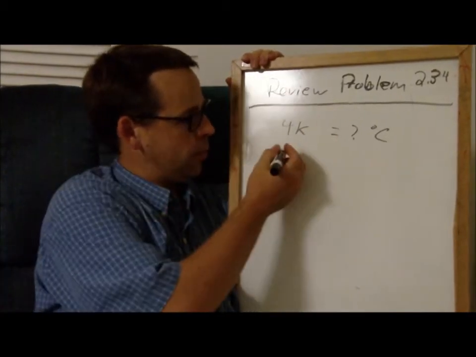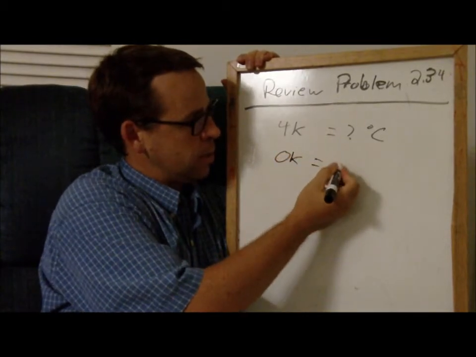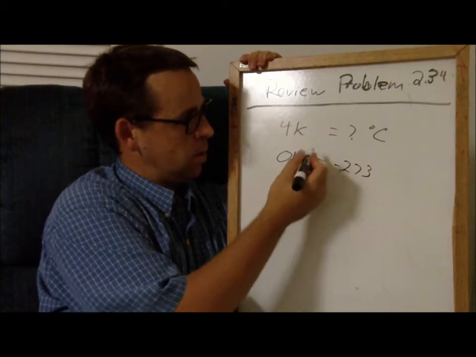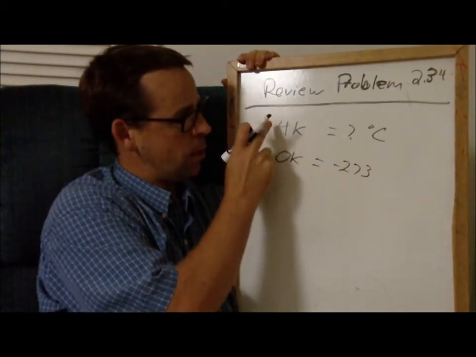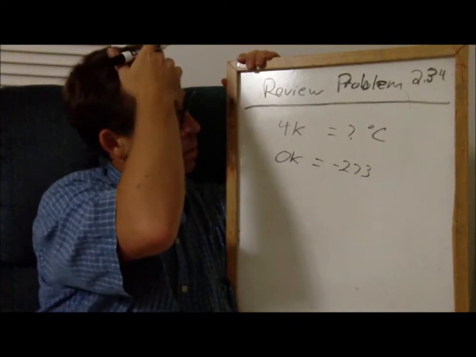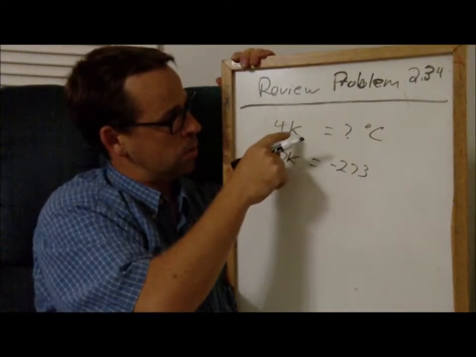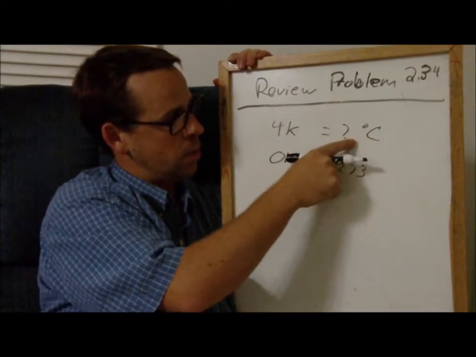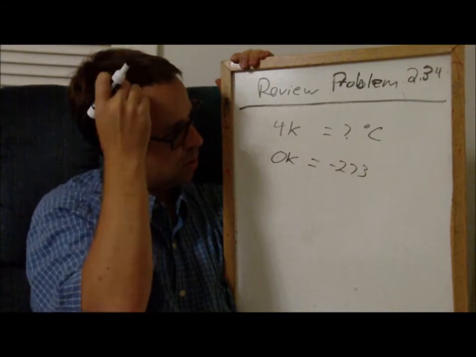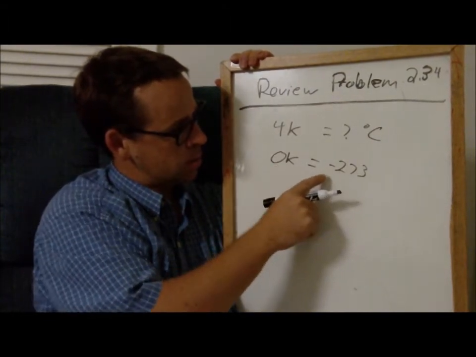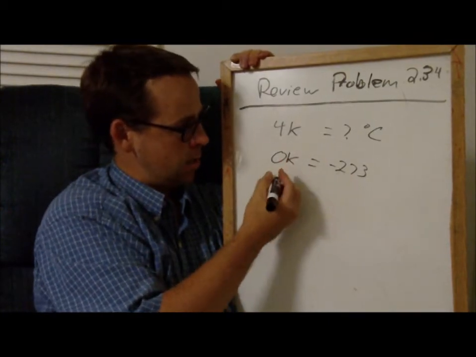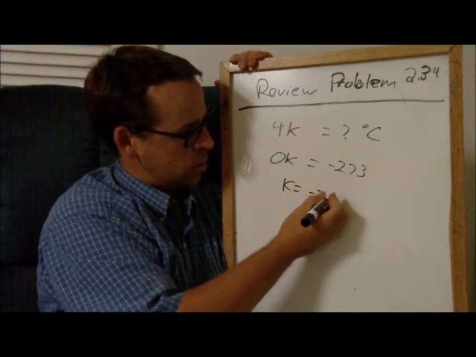Therefore, at 0 Kelvin, degrees Celsius is minus 273. So 4 minus 273, which is the same as minus 273 plus 4. So it's minus 269 degrees Celsius.